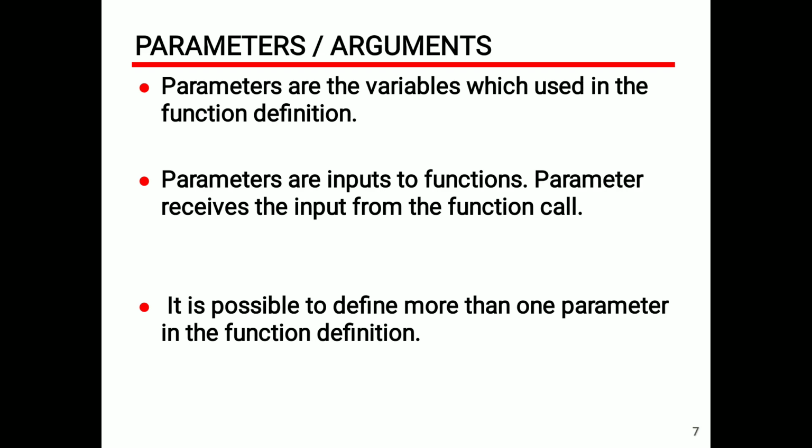Parameters or arguments are of two types: formal parameters and actual parameters. Formal parameters and arguments are the same; these are two names for the same thing.